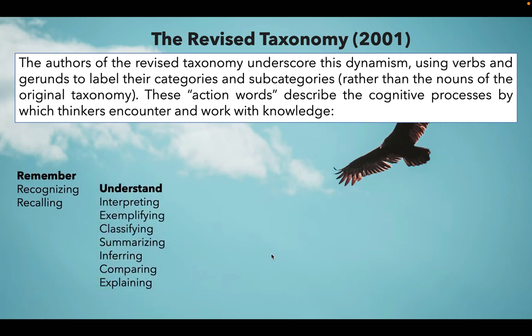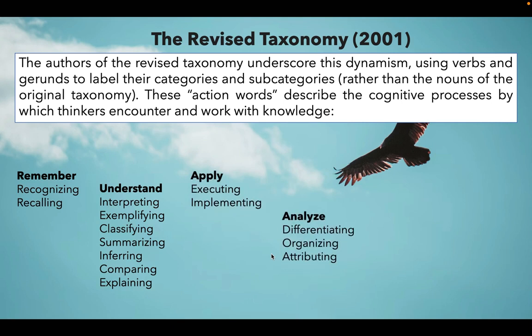Next, understand: interpreting, exemplifying, classifying, summarizing, inferring, comparing, and explaining. Apply: executing, implementing. Analyze: differentiating, organizing, and attributing. Evaluate: checking and critiquing. And the last one is create: generating, planning, and producing.